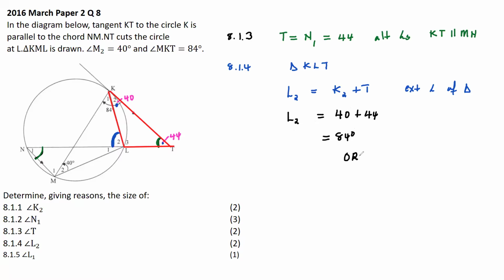Just in case you're struggling, same triangle, KLT. Notice that you can find L3. So 40 plus 44 plus L3 is equal to 180. Sum of angles in a triangle.